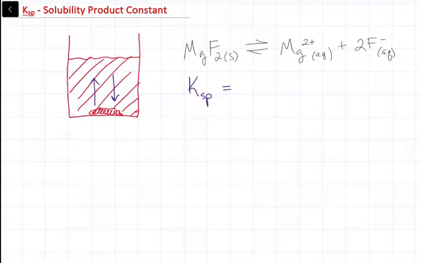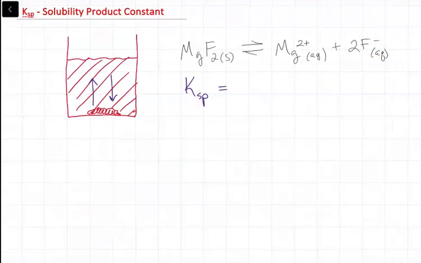So all we're really left with are two aqueous species, our magnesium ion and our two fluoride ions. And so if we write the expression for this, we're going to say concentration of magnesium, but the fluoride has a coefficient of 2, so it's going to get an exponent of 2, and that's our expression. So that should be pretty straightforward. We've done that before with other kinds of reactions.